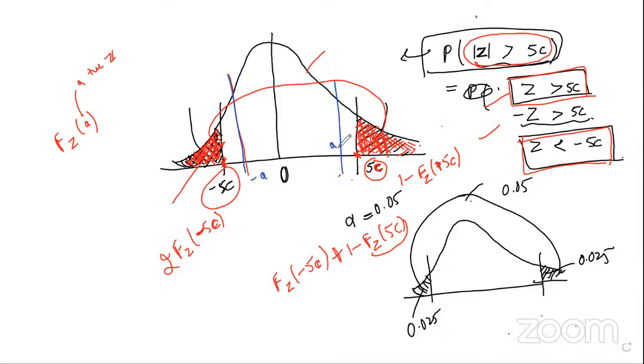Now I'm talking about any general a. F of a, you can write this as 1 minus F of minus a.